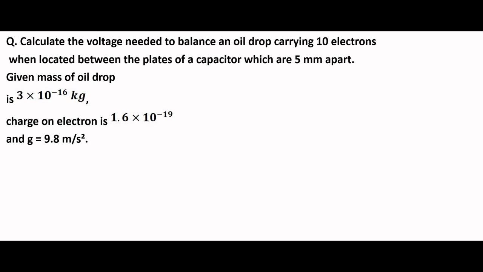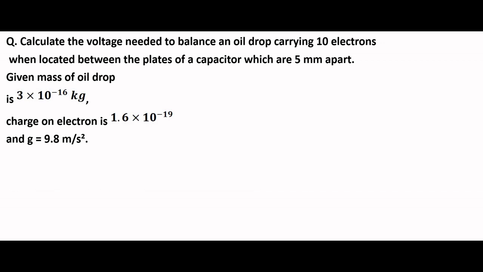It is given that we need to calculate the voltage, or electric potential, needed to balance an oil drop carrying 10 electrons when located between the plates of a parallel plate capacitor, which are separated 5 mm apart.